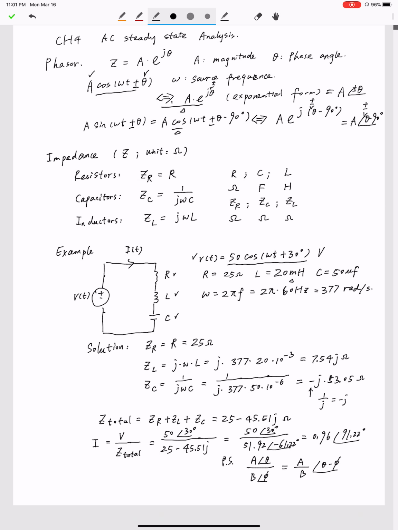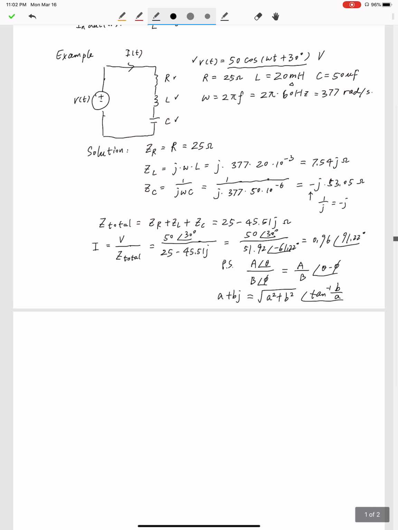And in case you forget how to convert a rectangular form to the polar form, the transformation can be represented as this. So the rectangular form, A plus BJ, equals the square root of A squared plus B squared, and the phase angle can be calculated as inverse tangent of B over A. Okay. All right, so that's how we handle complex number division and how we convert rectangular form to polar form.